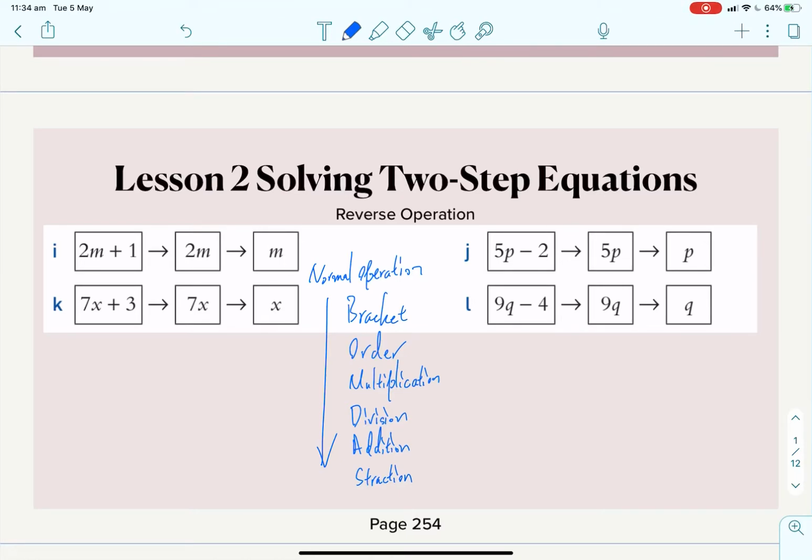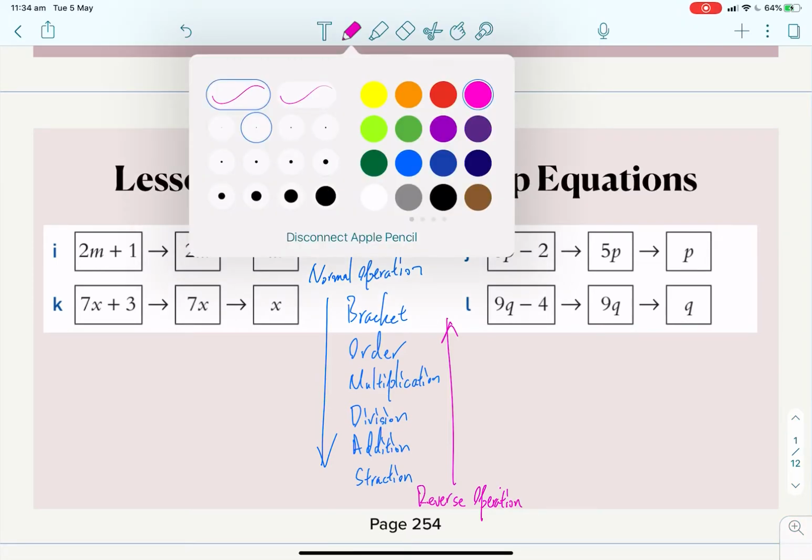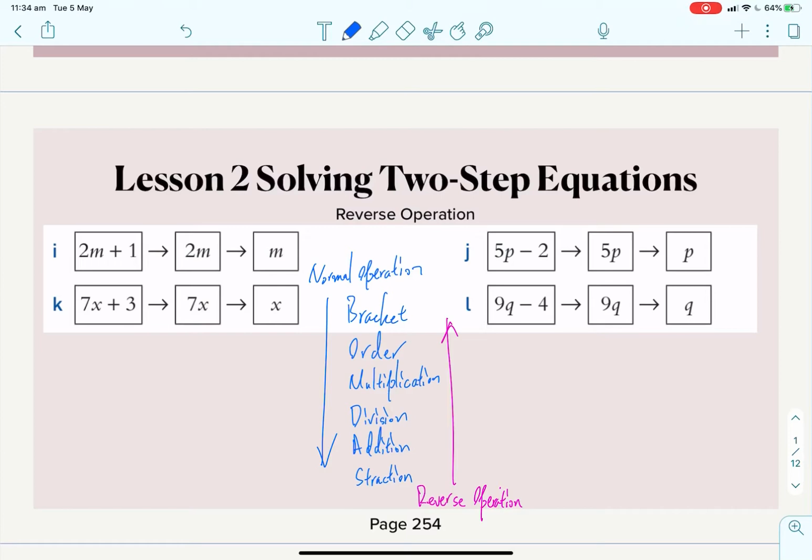But since we're talking about reverse operation, we go in the opposite direction as well. Let's have a look at a few examples. 2m plus 1 is 2 times m plus 1, so you've got multiplication and addition there.